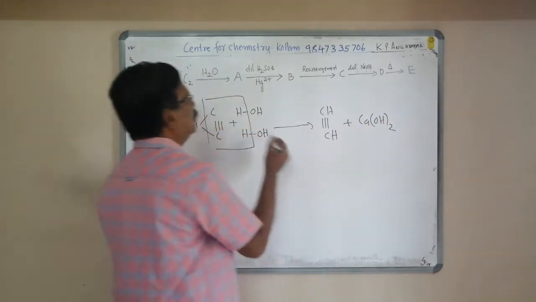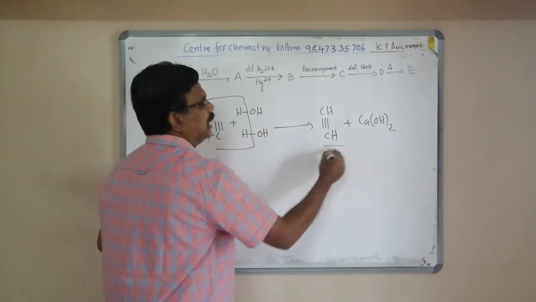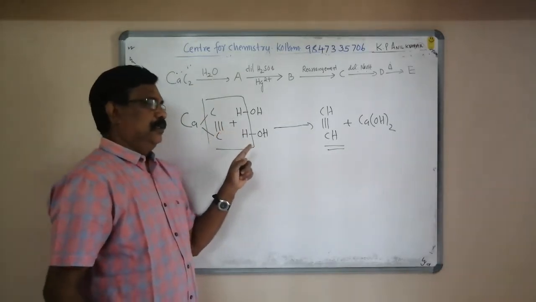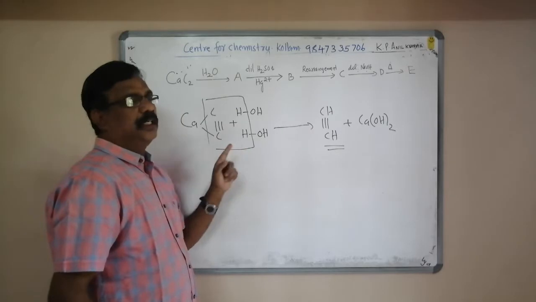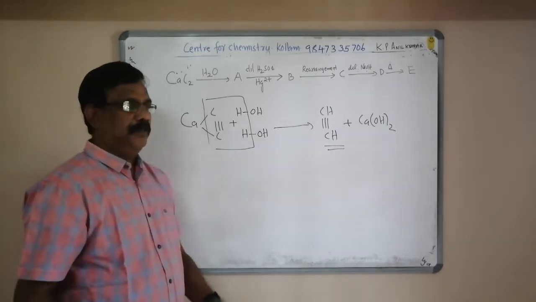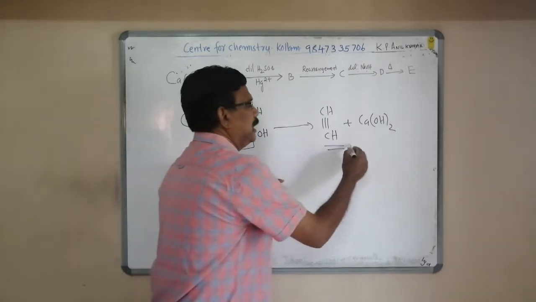This is the equation. So capital A is acetylene. On treating calcium carbide with water, acetylene gas is liberated. This is capital A, acetylene.